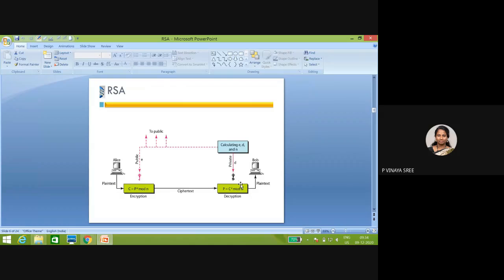First point, are we using Bob's public and private key, or Alice's public and private key, for providing confidentiality? Which keys are we using, Bob's or Alice's? Bob. So we are using Bob's public and private key for providing confidentiality.